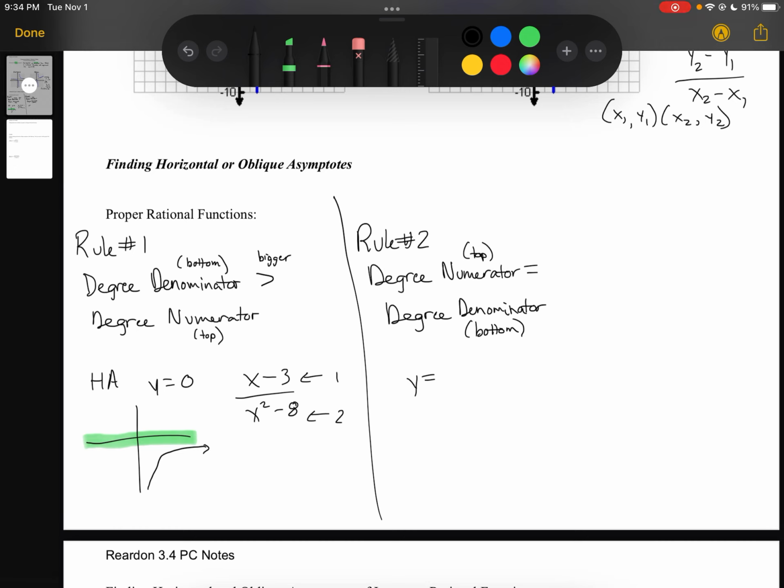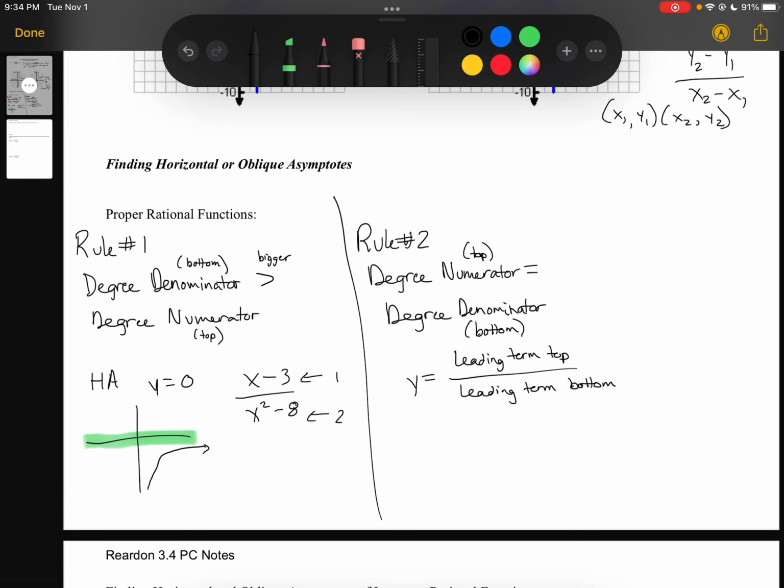Basically what this turns into is the equation y equals the leading term from the top divided by the leading term from the bottom.